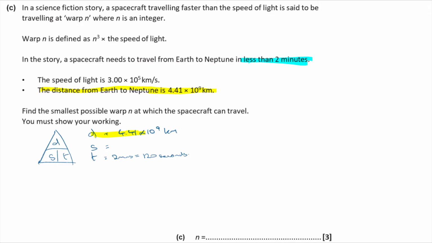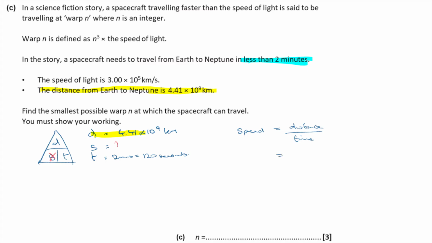Okay, so if we can then work out the speed that we require to reach Neptune in 2 minutes, so we need to work out the speed. Covering up speed, speed is equal to distance divided by time. See, it's the same method as the percentage one I was doing earlier, essentially.